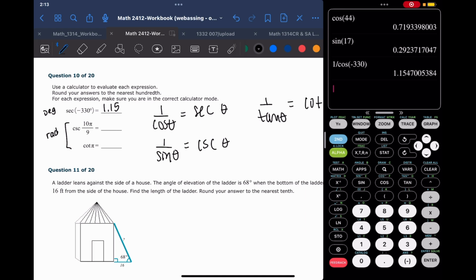So that's going to be 1 over sine of 10 pi over 9, and that's going to be negative 2.92. And then cotangent is going to be 1 over tangent of pi, which is the same thing as 90 degrees, and that's going to be undefined.